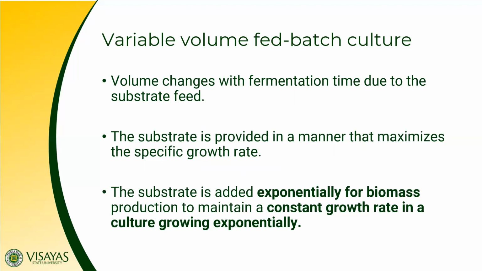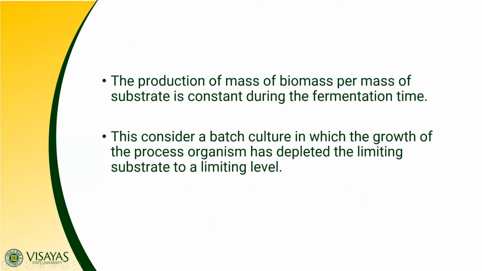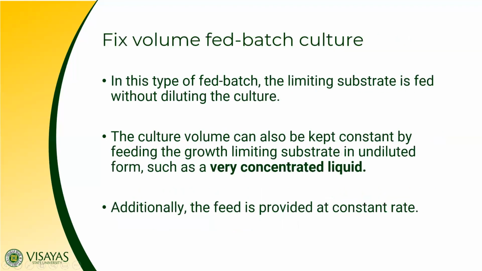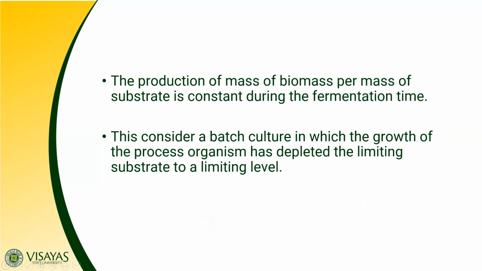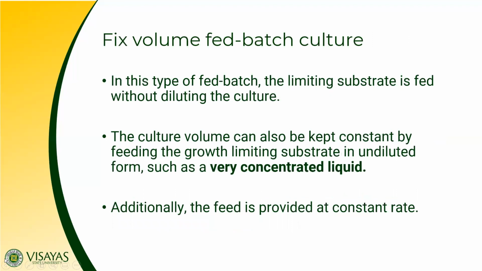The substrate is provided in a manner that maximizes the specific growth rate. In this fixed volume fed batch culture, the specific growth rate or the maximum growth rate is not achieved.